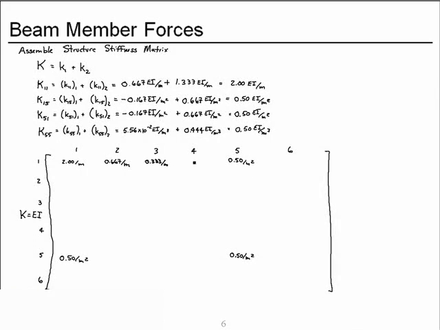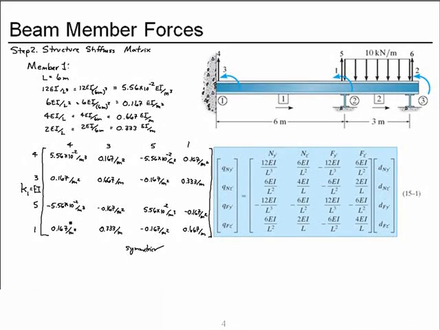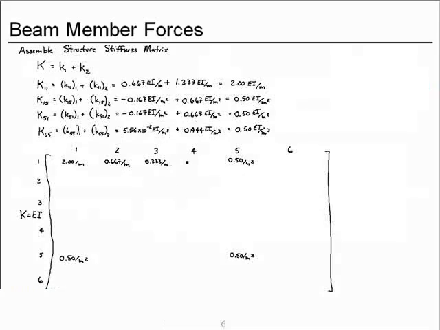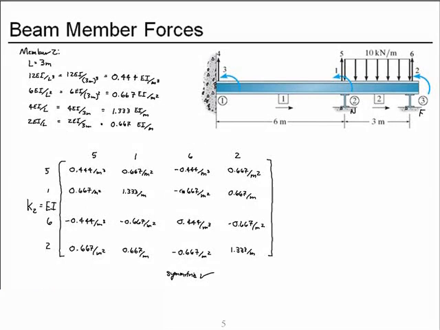1,4 also comes only from member 1, 0.167 per meter squared. And 1,6, which comes only from member 2.